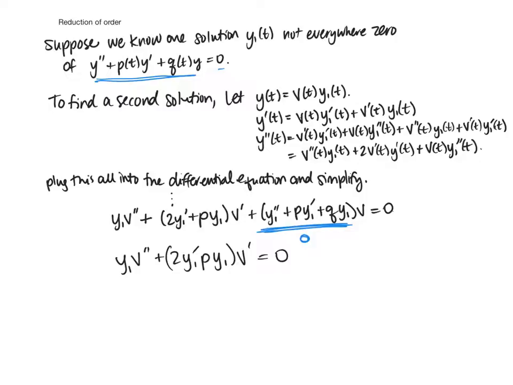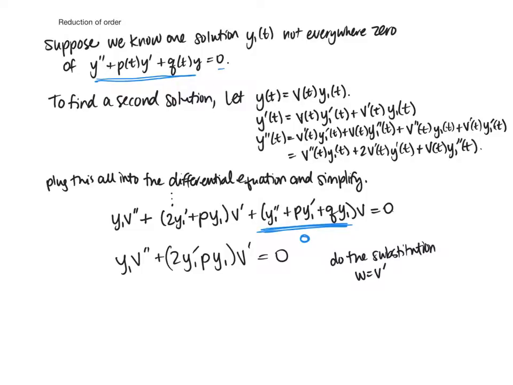Now look at this. I just have a v double prime and a v prime. So I can do a little substitution. Let w equal v prime.